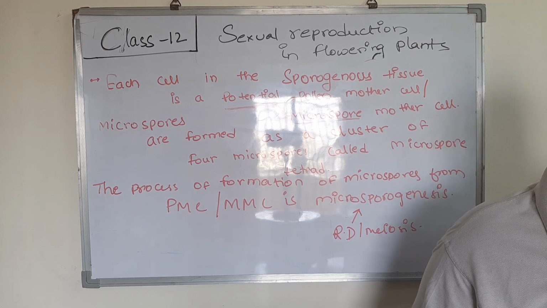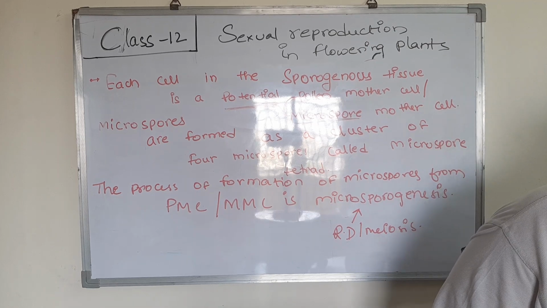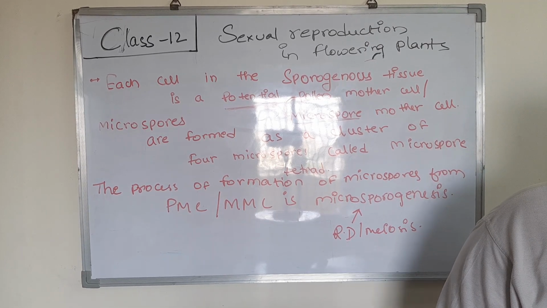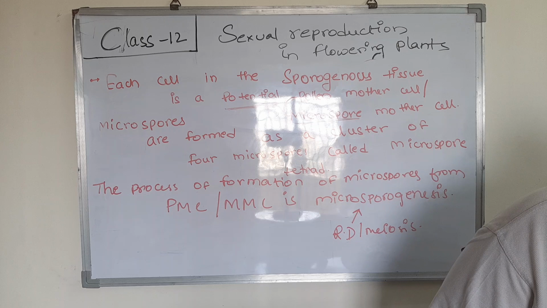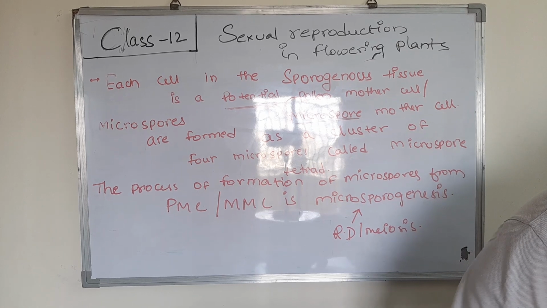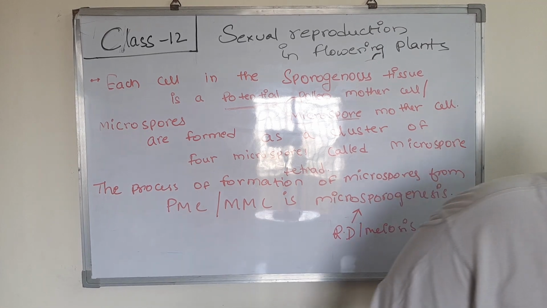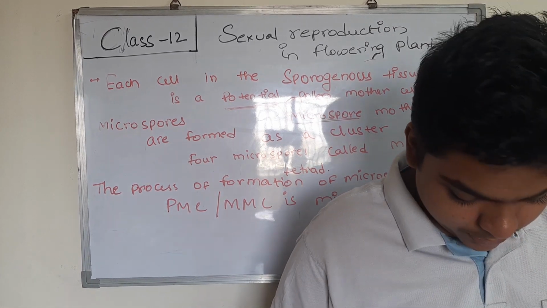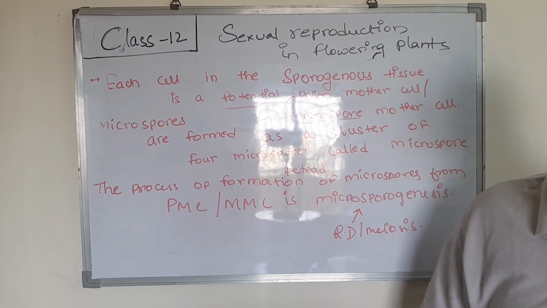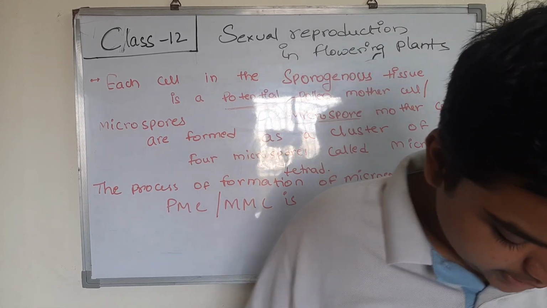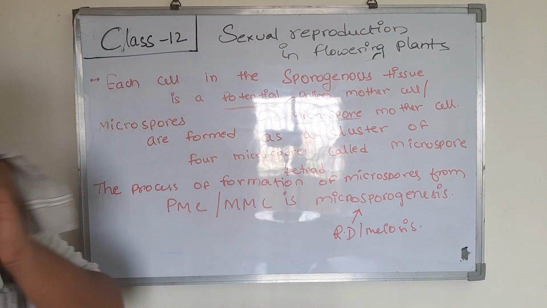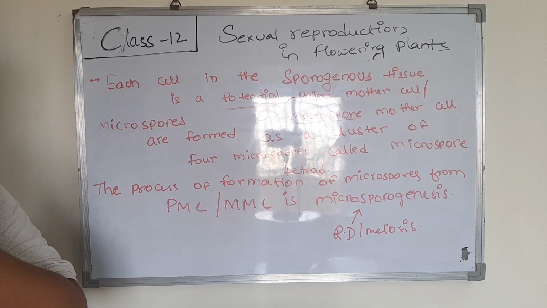What is the ploidy of a tetrad? The ploidy of a tetrad is haploid.